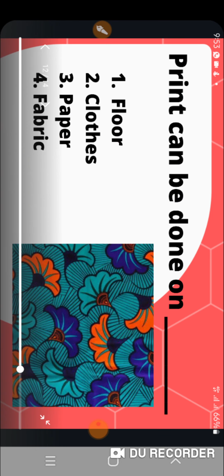Alright, Group 2, a very hard question for you guys. Print can be done on dash. Can you tell me where print can be done?